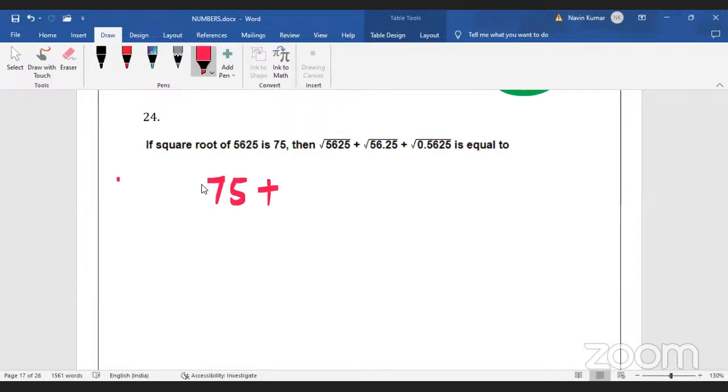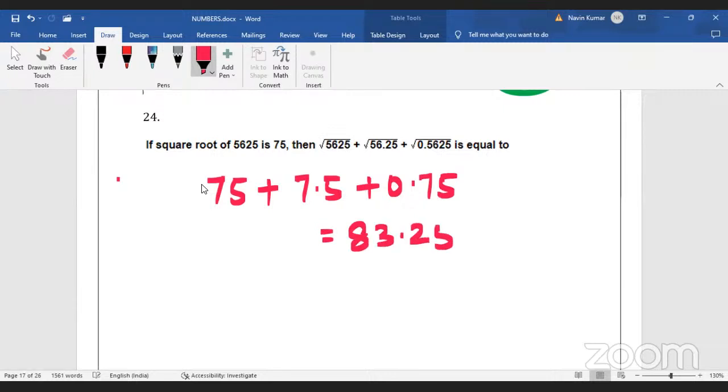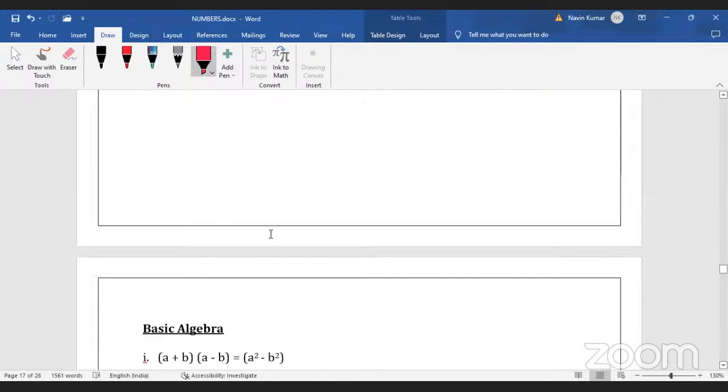I can see that after decimal there are 2 digits, so it means this is the thing. After decimal 4 digits, it means 0.75. If you add everything, you will get the answer. So it will be 83.25. Yes. So that is your answer.